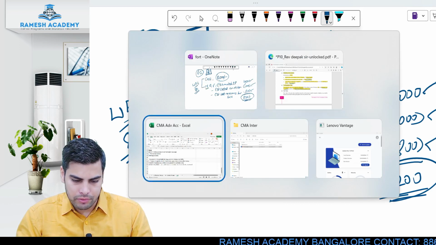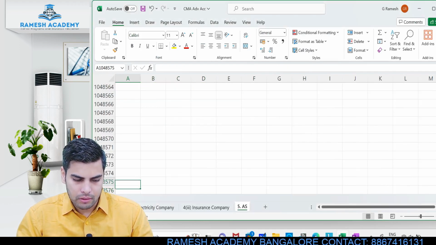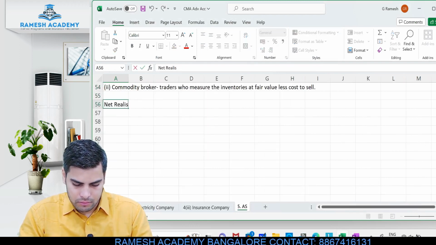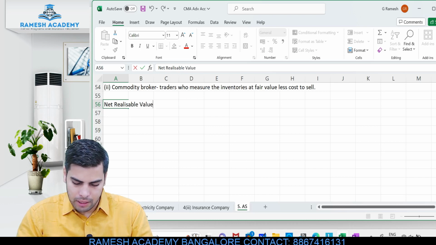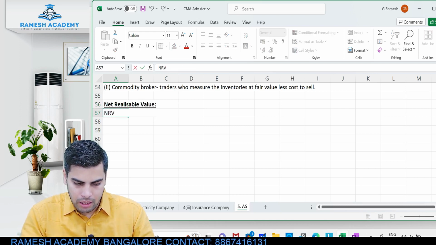Let me just write this particular formula in the notes. Net realizable value. In the same way, subsequently they would have given you the formula for cost also. We'll be looking into that particular aspect also.